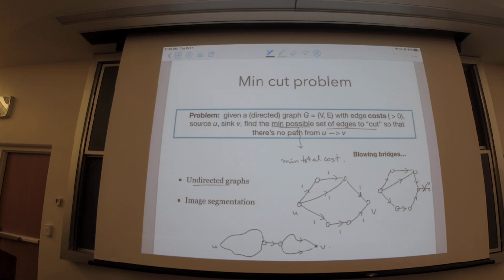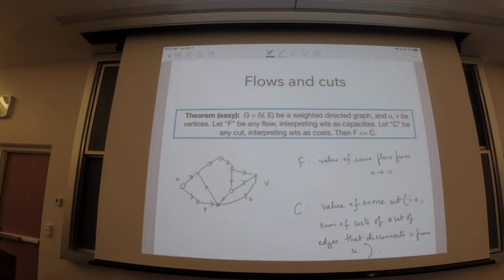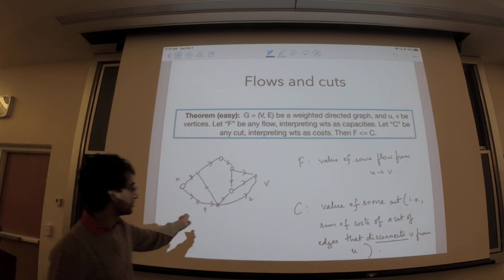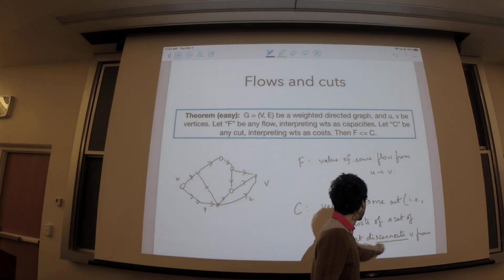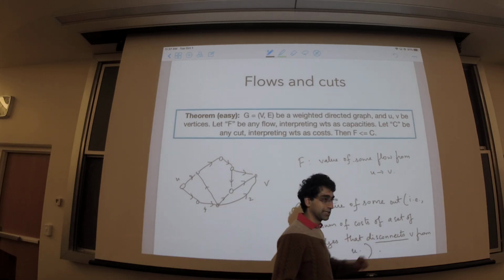In undirected graphs, these two are the same, but in directed graphs these could in general be different. So that's why I always write things like disconnects U from V. It just means that after you remove these edges, there is no path from U to V.